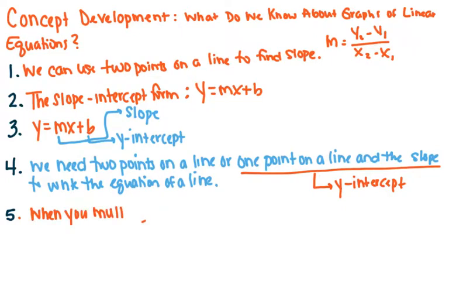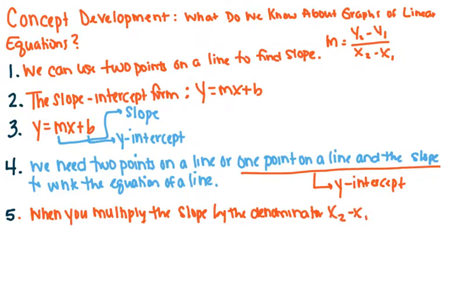When you multiply the slope by the denominator, x2 minus x1, you get m multiplied by x2 minus x1 equals y2 minus y1. And this is going to come in handy for us today as well.